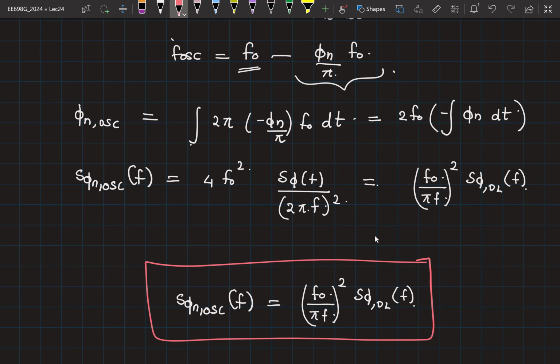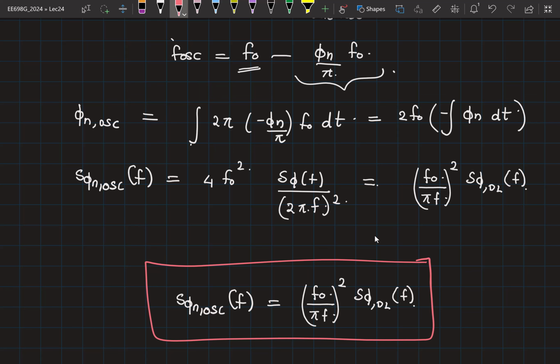All well and good, but what does this equation tell us? If you had a white noise profile at the output of the delay line, what happens to the noise profile at the output of the oscillator? It gets shaped by 1 by f square.